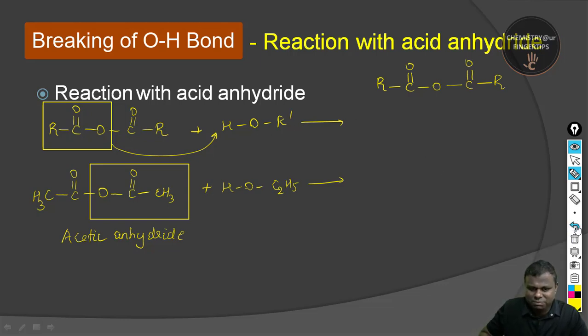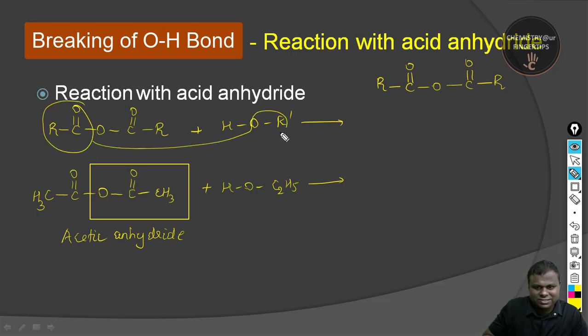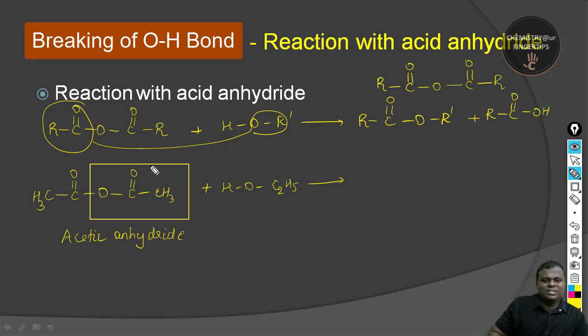Okay, let me make it simpler for you. So this particular part is going to go with this, very simple. So you will get an acid RC double bond OH, and then you will be getting RC double bond OR dash, very simple. So this is RC double bond OH, okay. So this is nothing, you will get acid plus ester both, okay.